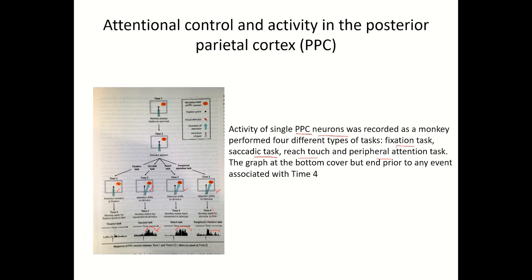Okay, here you see the firing increased for a brief time. That is due to the change of the fixation point, not paying attention to the target. The monkey was paying attention to the fixation point, and the color of the fixation point changed.